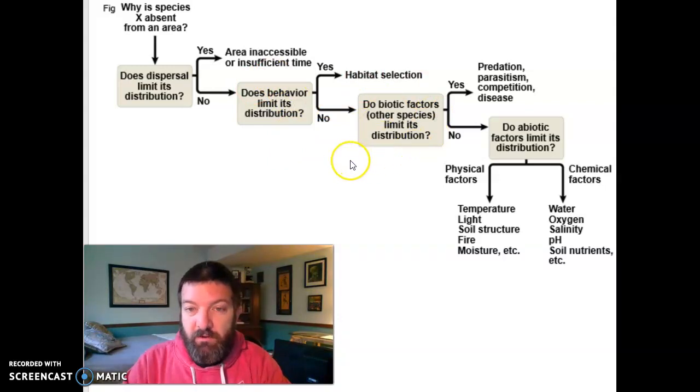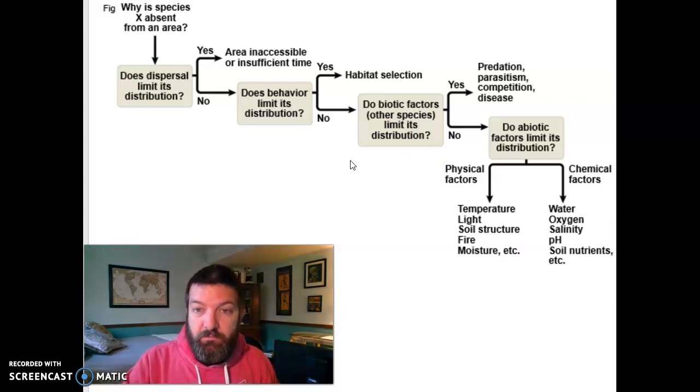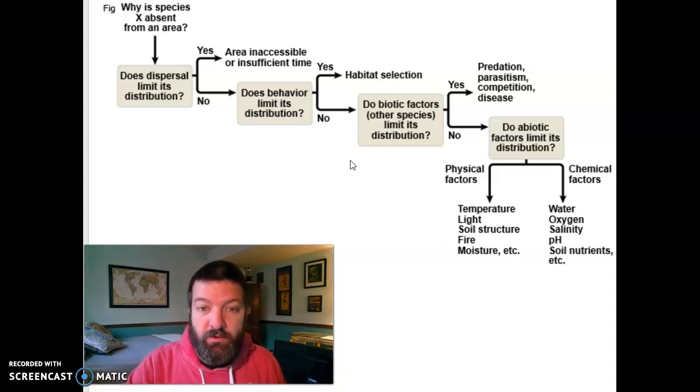Maybe there are biotic factors. Maybe there's another bird there that already eats the stuff that it would eat, and outcompetes it. Or maybe the thing that it eats isn't there at all. Maybe it requires a particular kind of rat.